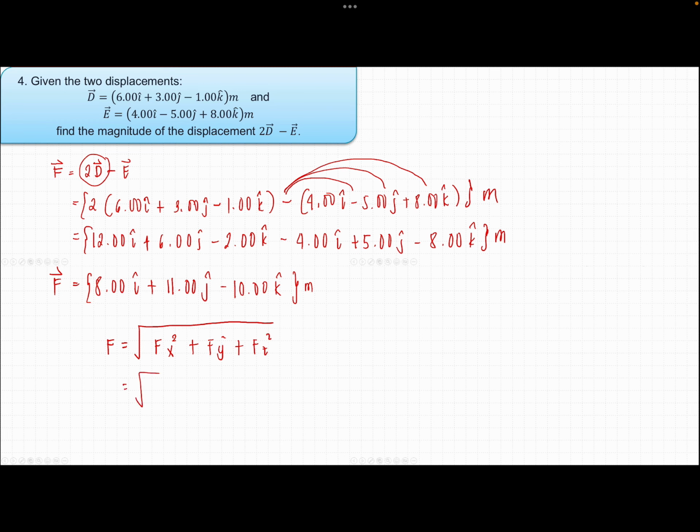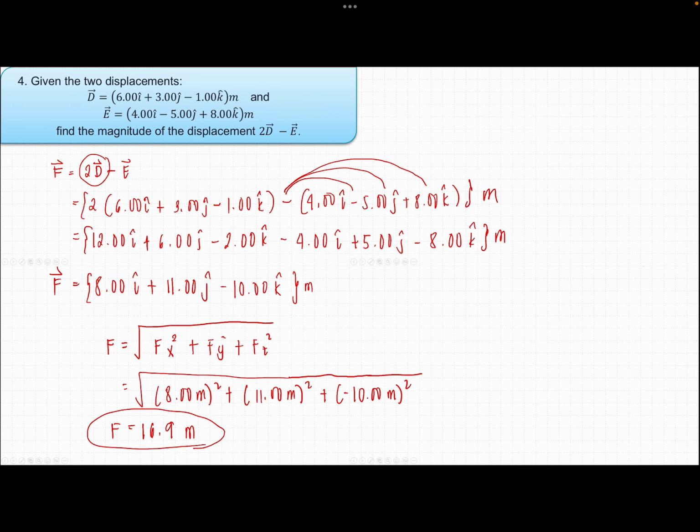So this is equal to the square root of 8.00 meters squared plus 11.00 meters squared plus negative 10.00 meters squared. So the magnitude therefore is equal to 16.9 meters. So ito na yung sagot. Okay? I hope naintindihan.